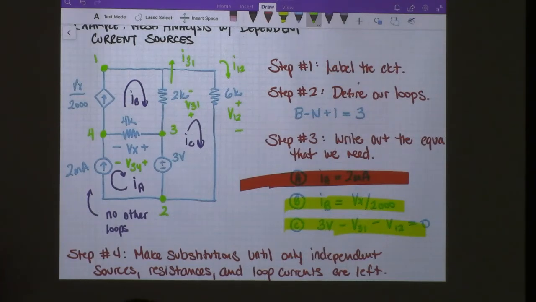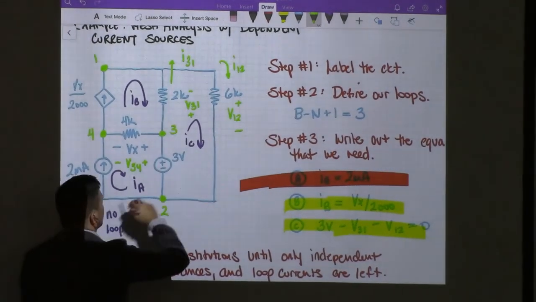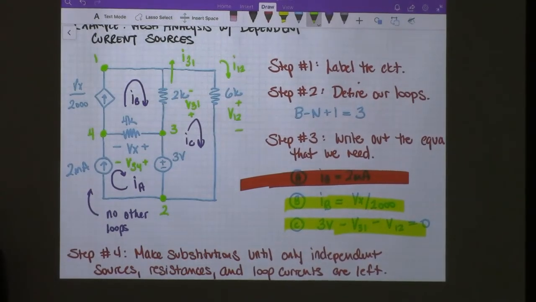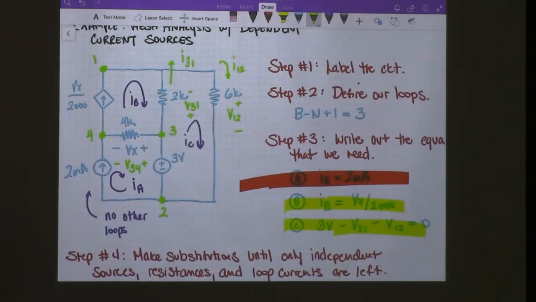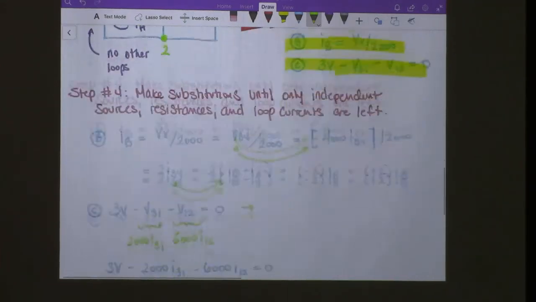That only works, though, when we define the currents using these smaller loops. We could, again, if we wanted to, have made IC a bigger loop, and that would have changed a lot of the way things were done. So IC minus IB.